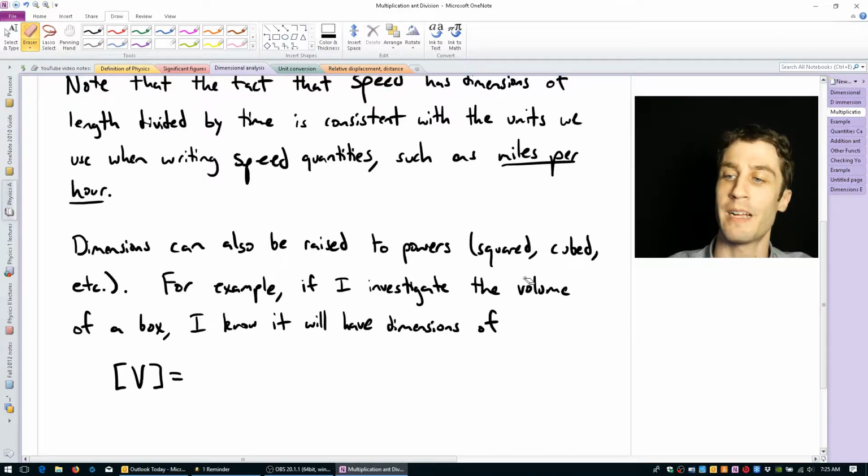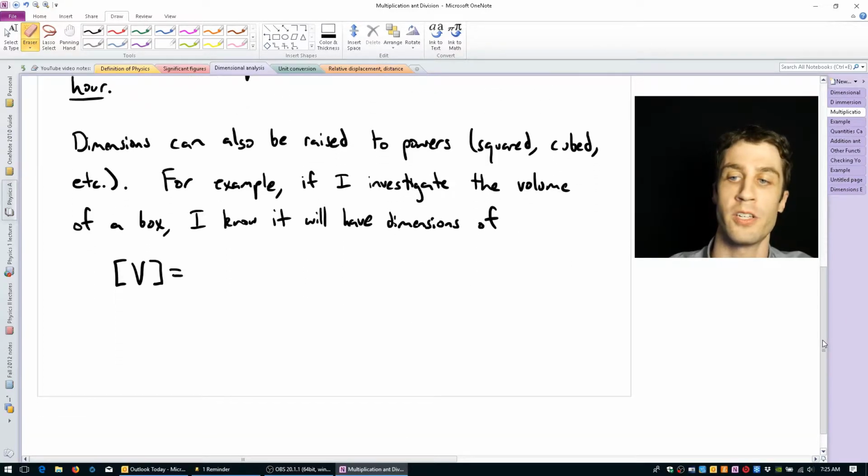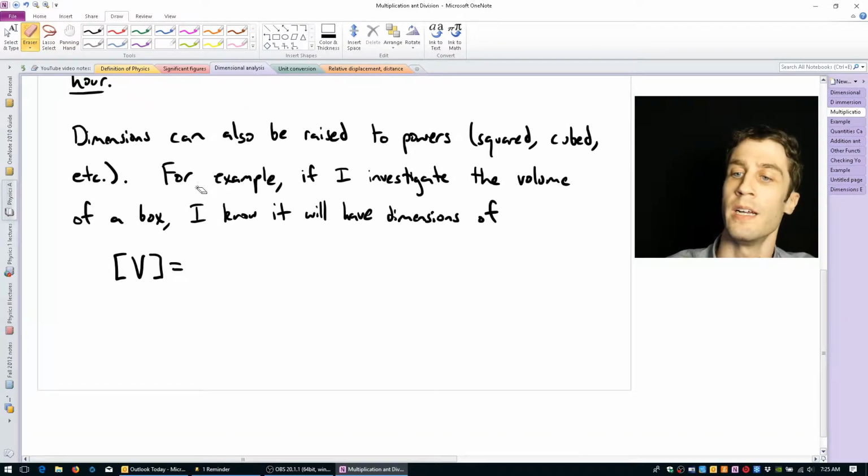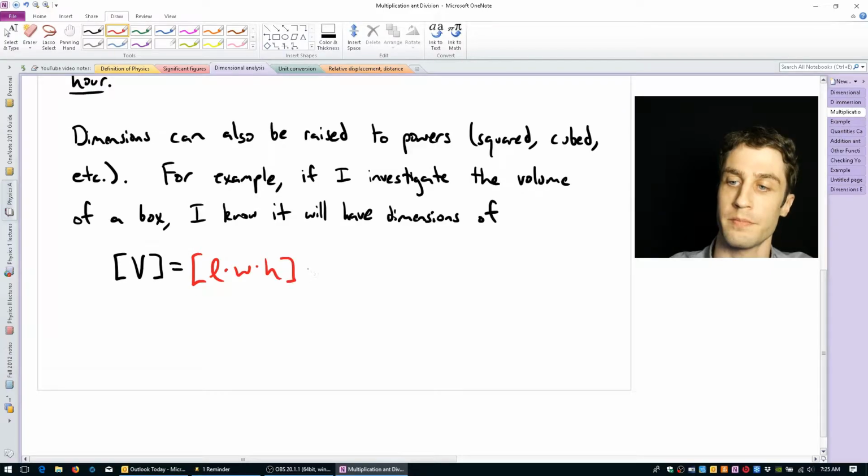Dimensions can also be raised to powers. They can be squared or cubed or even square rooted. For example, if I investigate the volume of a box, I know that it will have dimensions of, now I'm using capital V for volume. So the dimensions of V will be the dimensions of, I can measure it, for example, as length times width times height. Once again, I can break up those dimensions individually.